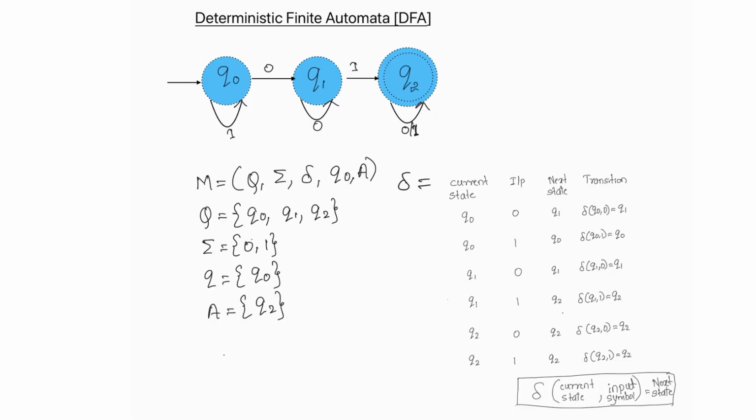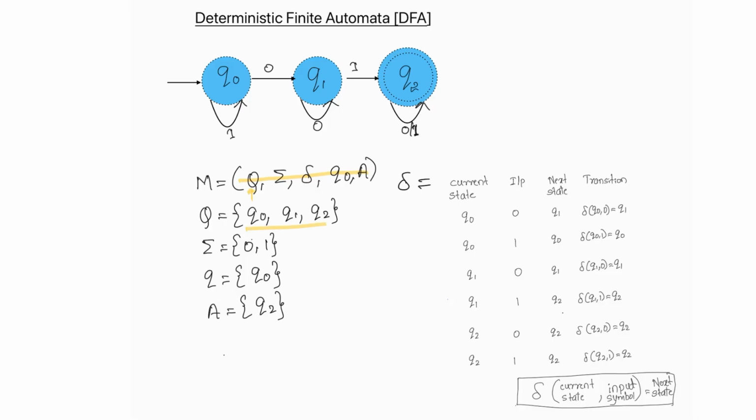So now we'll write the definition for the given DFA. What we have discussed just now is that the machine is a 5-tuple. So the first one is capital Q, which is the set of states.